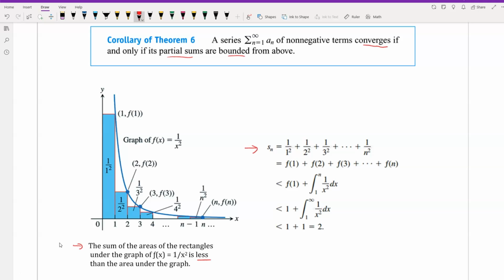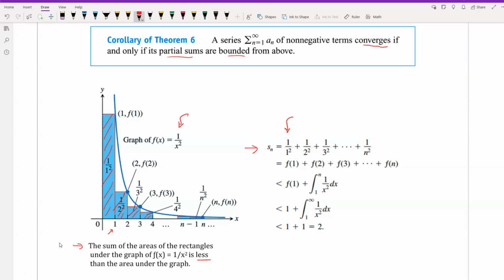So what we have here, s sub n is equal to, based on what our function is, 1 over x squared. Starting from this point, adding all these rectangles, the sum of the areas of these rectangles, we have 1 over 1 squared plus 1 over 2 squared plus 1 over 3 squared plus 1 over 4 squared, plus dots, plus 1 over n squared.